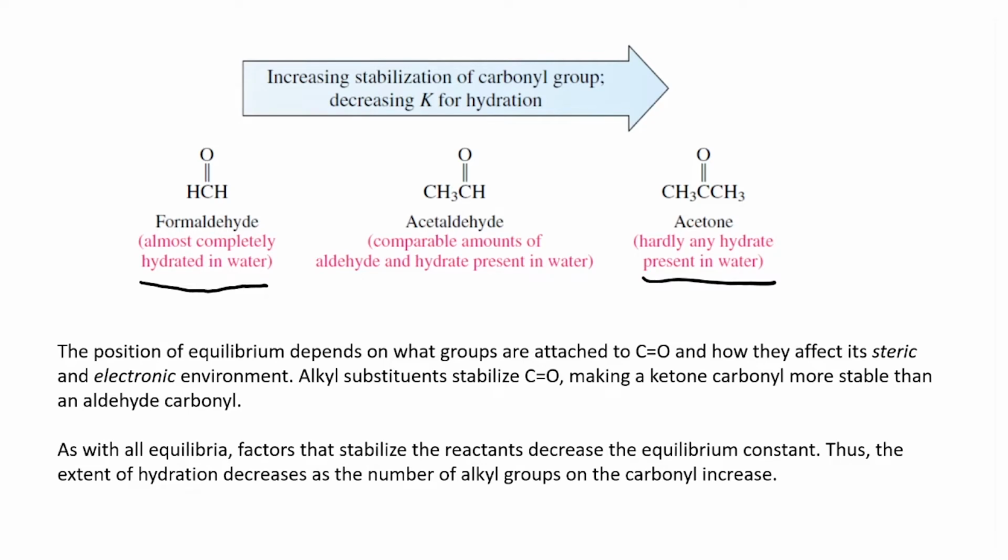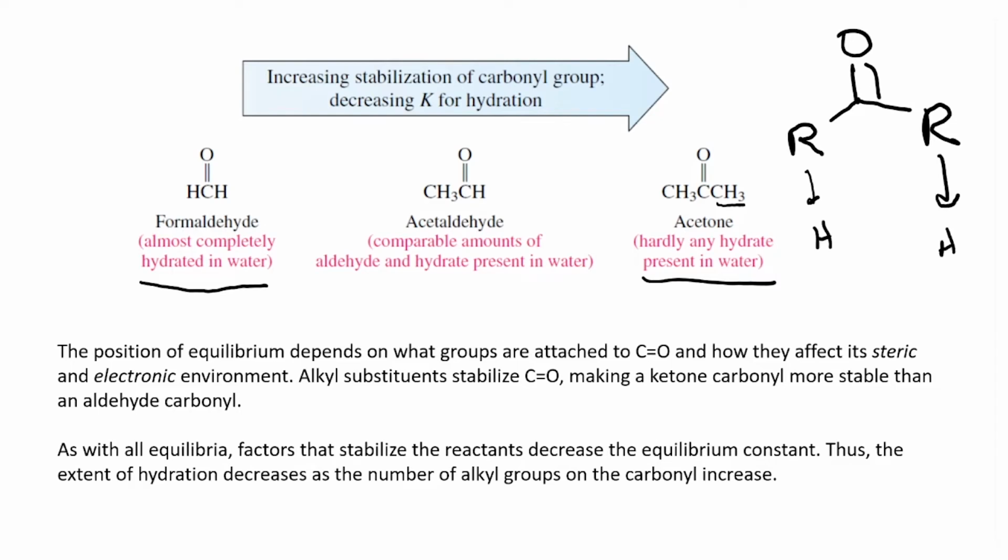So, like with many other effects, they depend on both sterics and electronics. The alkyl substituent, as you might have studied earlier, stabilizes the carbonyl compound, and therefore the position of the equilibrium can be altered by adding more alkyl groups on this position. If you have R versus H, once you replace the H with an R, then the ketone becomes more stable.